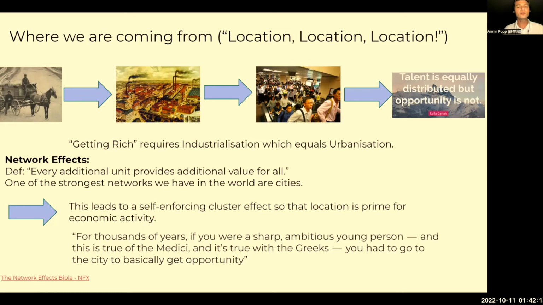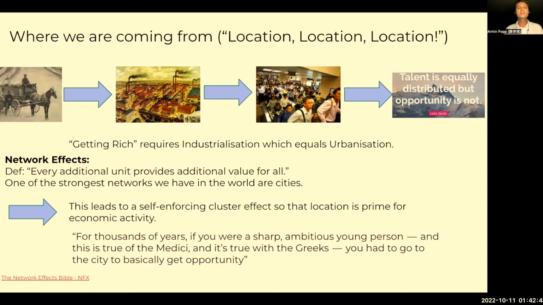But one of the strongest network effects in the world is our cities, and this is where most of the value is created. This is really at odds if you think about it, and this is what this quote is about: talent. Be it IQ or different measurements of talent, it is more or less equally distributed across the world.